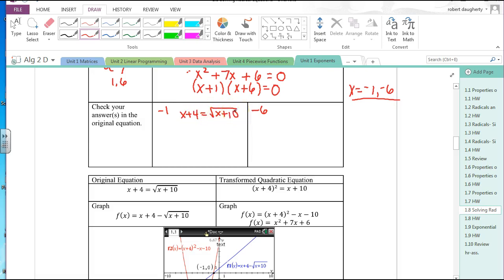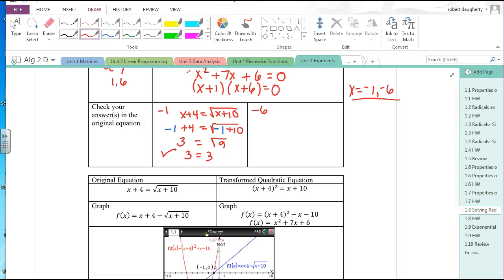I'm going to plug in a -1 here. -1 plus 4 equals the square root of -1 plus 10. What is 4 minus 1? 3. What's 10 minus 1? 9. So the square root of 9, which is 3. Does 3 equal 3? Yes, so I'm good. That means this solution is valid.